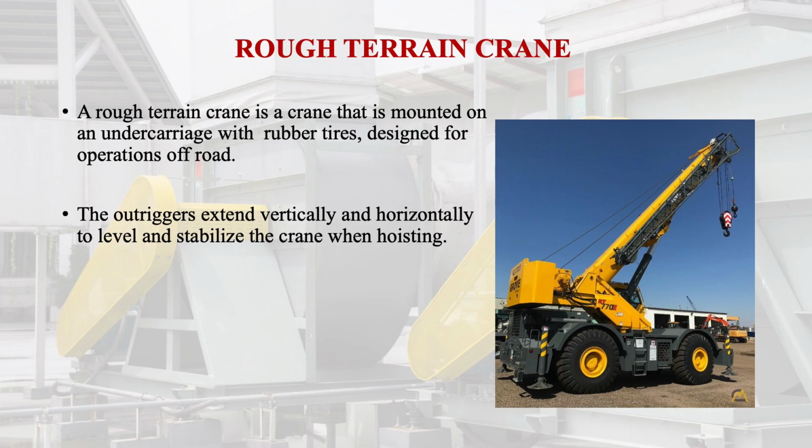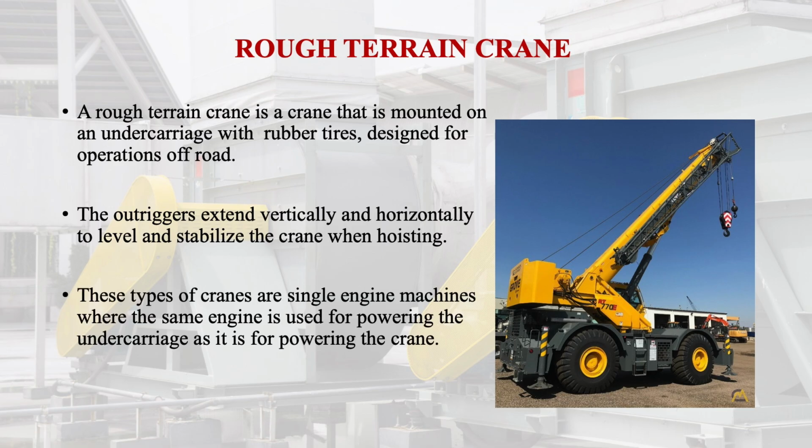The outriggers extend vertically and horizontally to level and stabilize the crane when hoisting. These types of cranes are single engine machines, where the same engine is used for powering the undercarriage as for powering the crane.